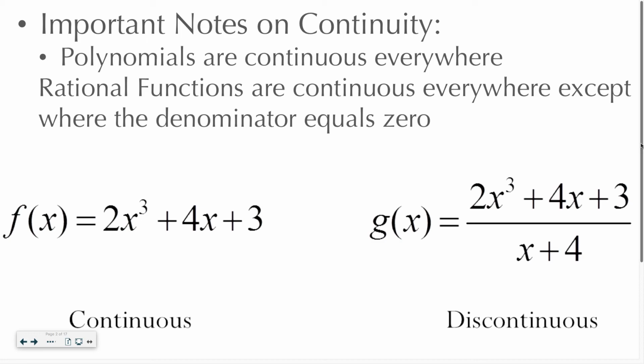Rational functions, never will be continuous where your denominator is 0. Now there are some rational functions where the denominator doesn't equal 0, in which case they would be continuous everywhere. But if we want to find the discontinuities, we need to concentrate on that denominator.